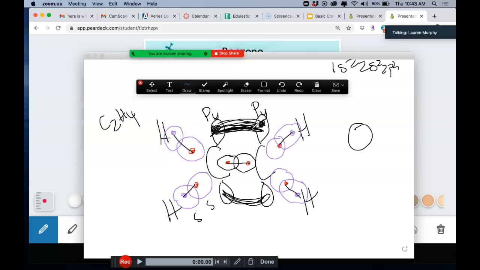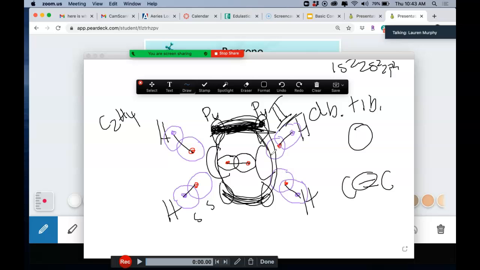So this overlap right here of these two electrons is what creates the double bond. It's from these p orbitals. Okay? So this is called pi bonding, for the p bonding. That happens when you have a double bond or a triple bond. These two electrons can go anywhere around here to create that double bond.